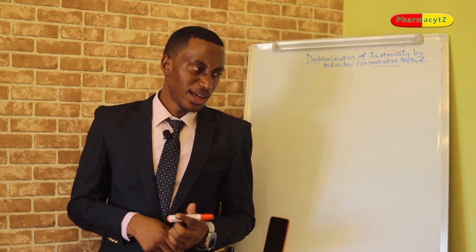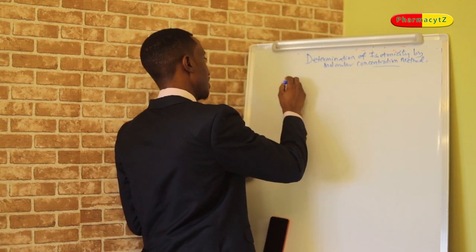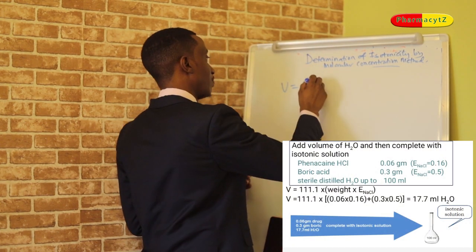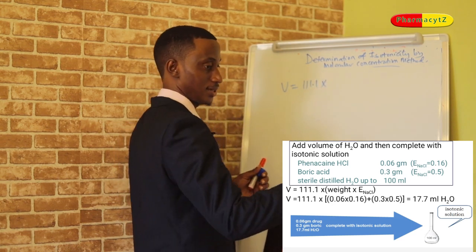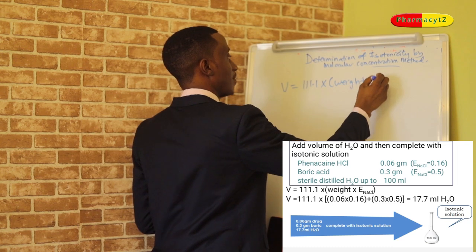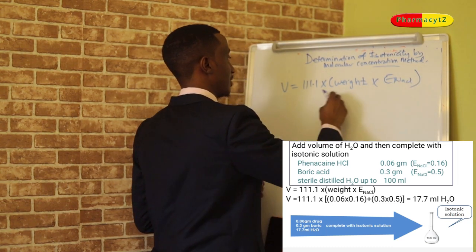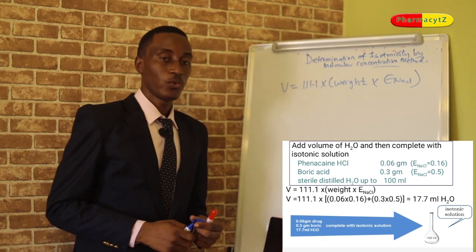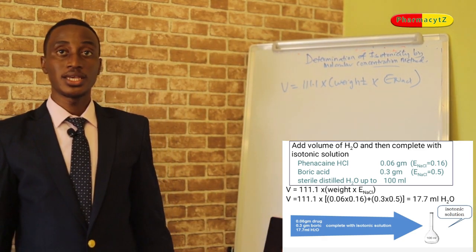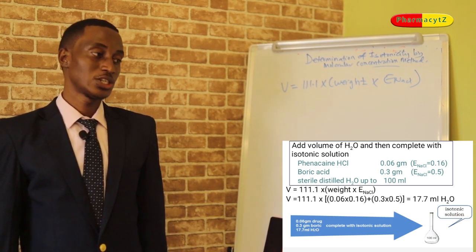That is summarized in the following formula after derivation: V, the required volume, is equivalent to 111.1 times the weight of a drug substance multiplied by its sodium chloride equivalent. This is a simple proportion we can use to determine the amount of water to add to a drug in the White-Vincent method, then add the isotonic vehicle to make it isotonic.